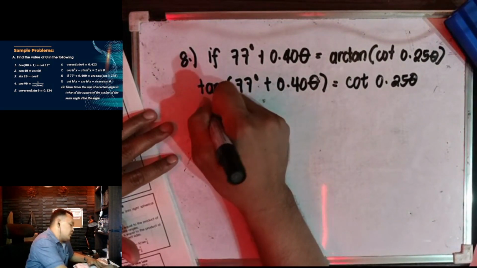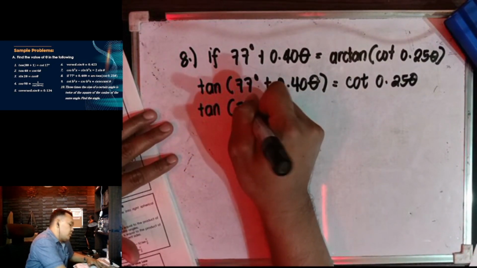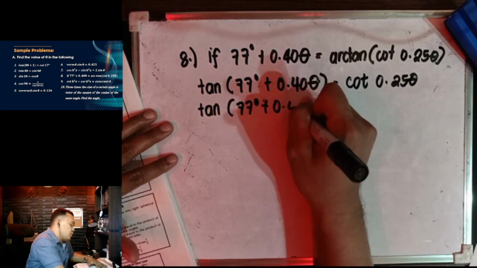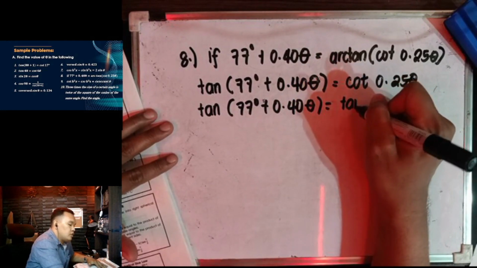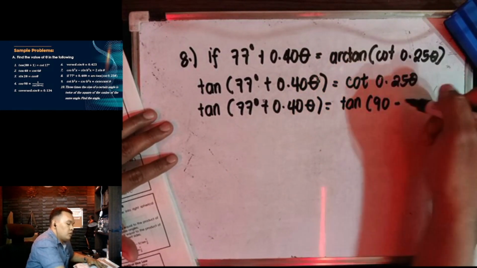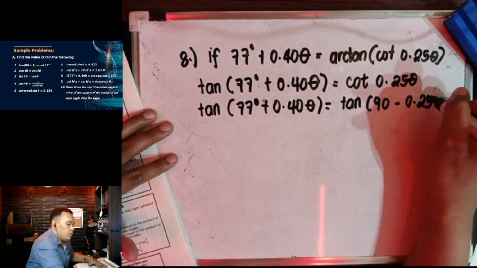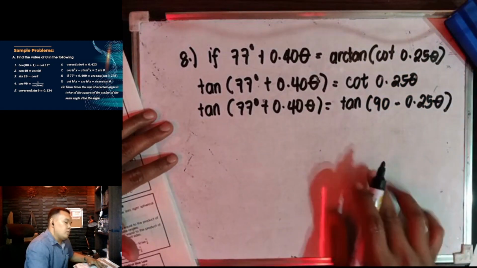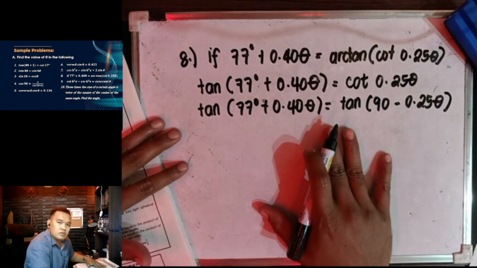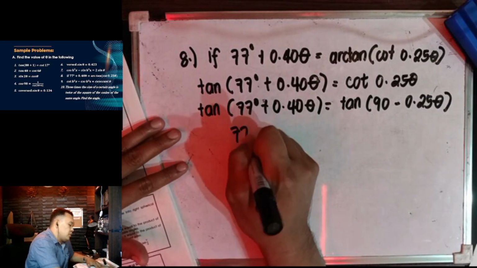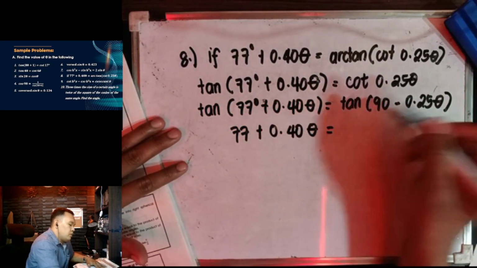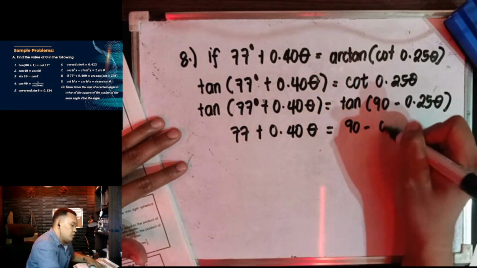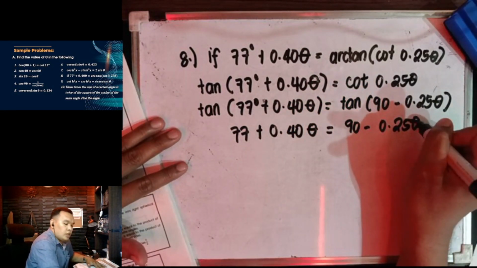So, we have here tangent 77 degrees plus 0.40 theta is equivalent kay tangent 90 degrees minus 0.25 theta. Then, we could remove yung tangent. So, matitira na lang dyan is 77 plus 0.40 theta is equivalent kay 90 minus 0.25 theta.